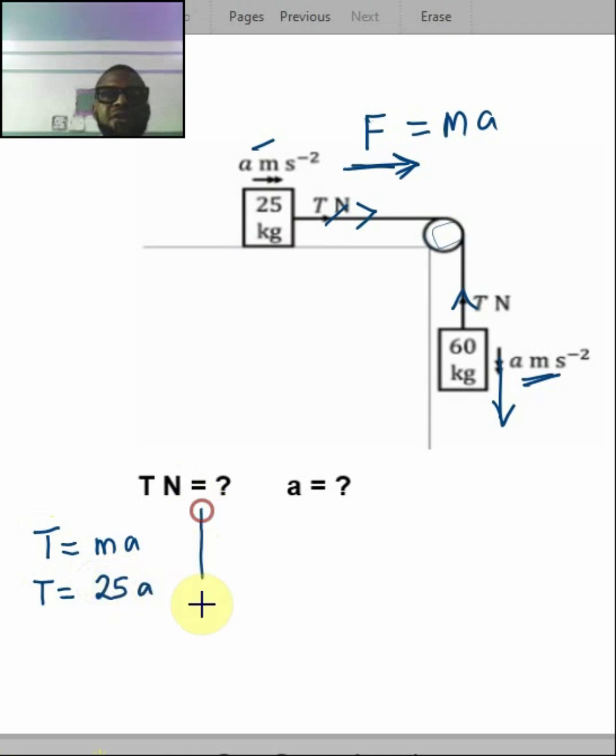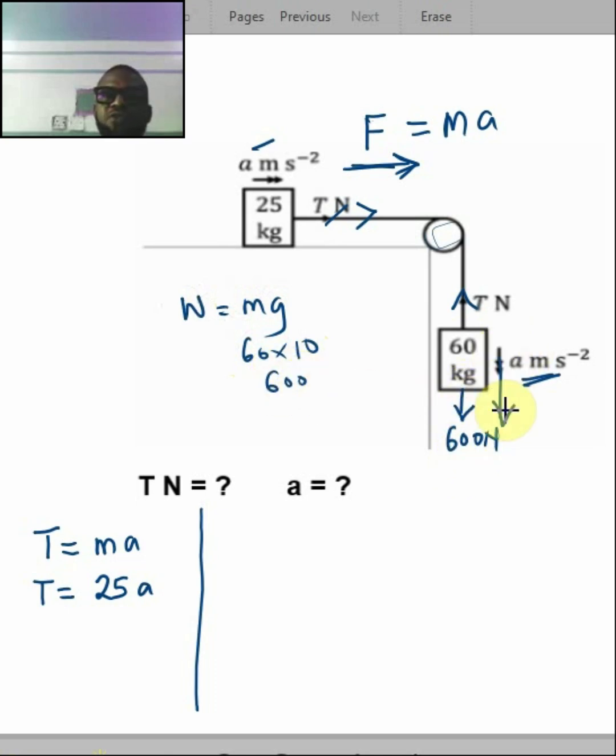Now, this 60 kilogram mass is converted to newtons. It becomes 600 newtons. That weight is equal to mg, so 60 multiplied by g, which is acceleration due to gravity, will give us 600. And this 600 is acting downward because the body is moving downward, but the tension is acting upward.